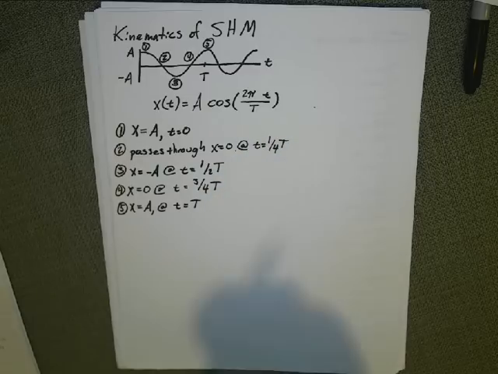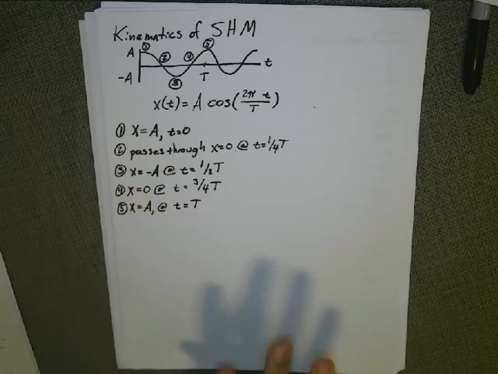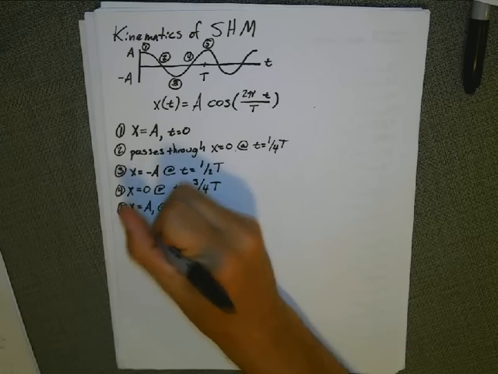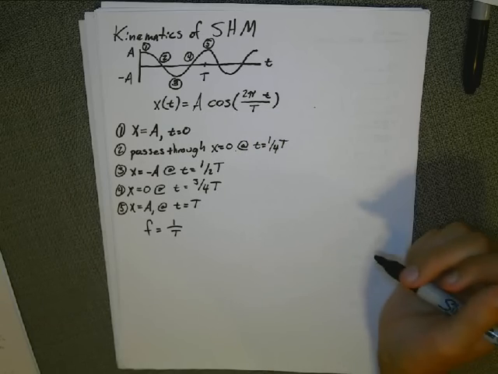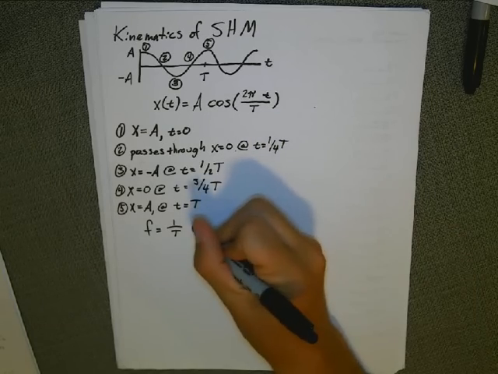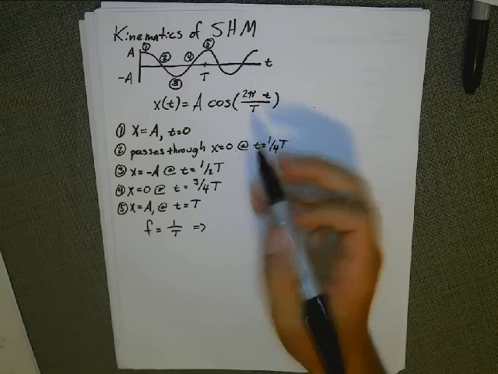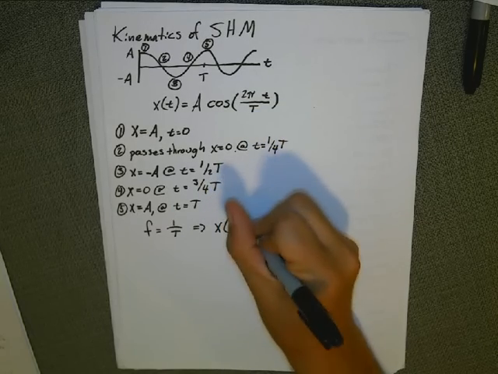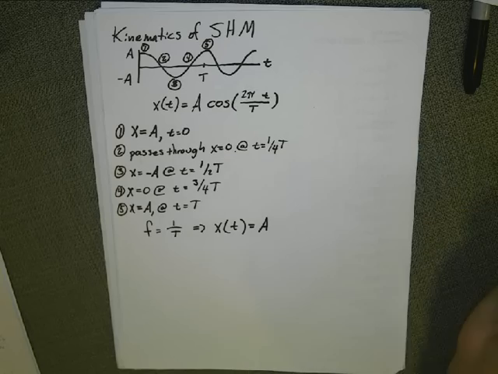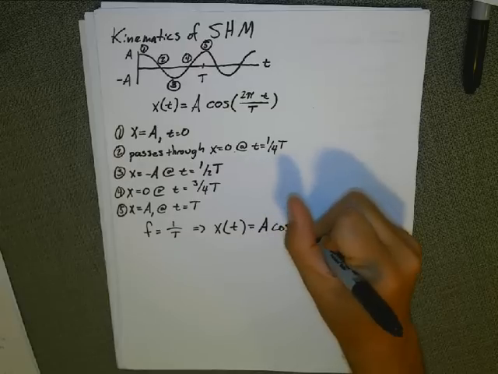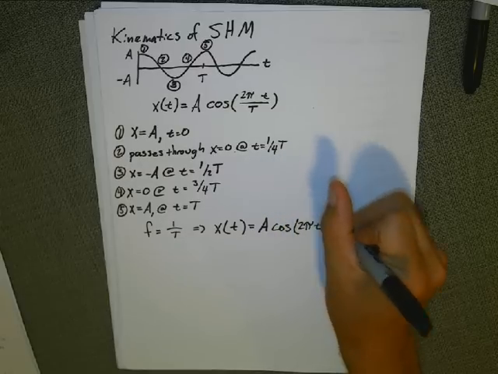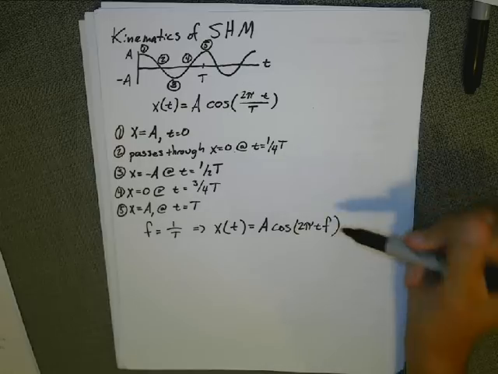Okay, if you've paused the video, moving on. We also said in the last video that frequency is equal to 1 over the period, which I can then sub into this equation, and I can have x of t equals A cosine 2 pi t frequency. So if I have the frequency instead of the period, I don't have to do an extra equation.